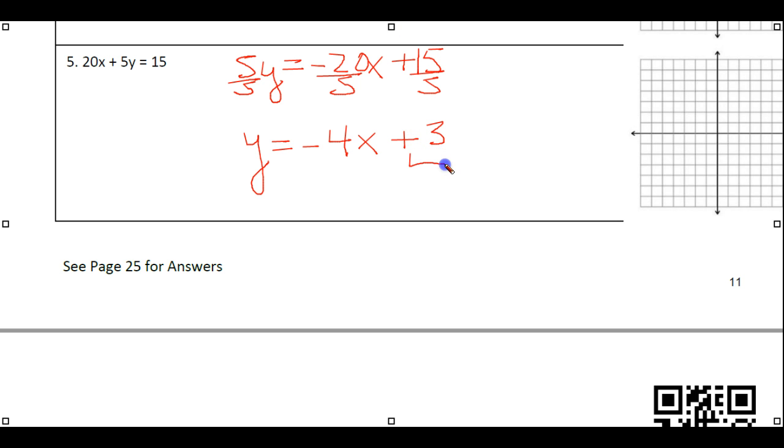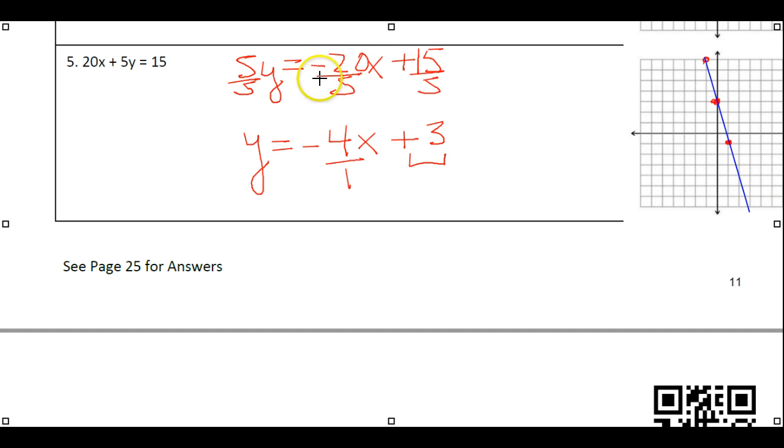Okay, so there's my y-intercept. 1, 2, 3, a plus 3 right there. Our slope is negative 4 over 1. So we're going to go over 1 this way, up 4. 1, 2, 3, 4. And I could go over 1 this way and then down 4. Looks like we did this one already. But there's our graph.